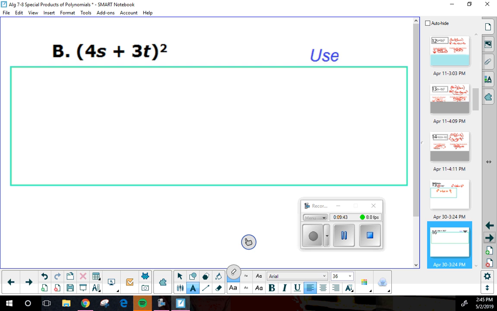Okay, do this one on your whiteboard, and I'm going to do it with you: (4s plus 3t) squared. Look on your examples: top one, middle one, last one. Top one. So the top one says square the first term, square the last term, and then put 2 times the terms together in the middle spot. So do it step by step.